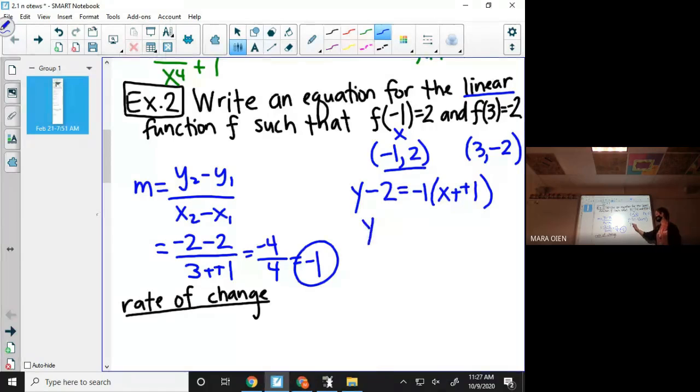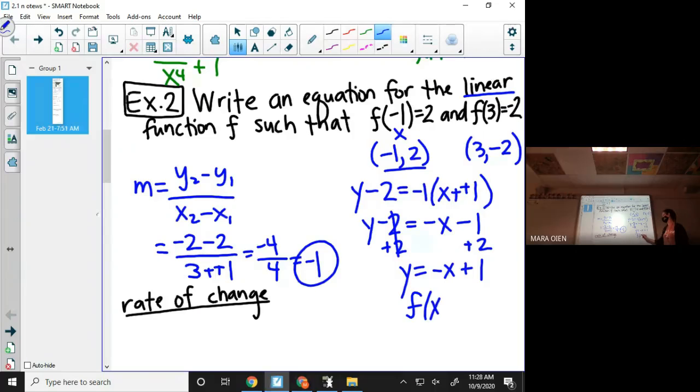So I'm going to write that as a negative x minus 1. All I've done so far is I minus that negative, and then I distribute it all to negative 1. And then finally, I'm going to add 2 to both sides. Technically, they said write a function f, so here's my function f.